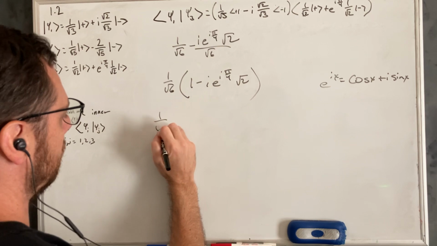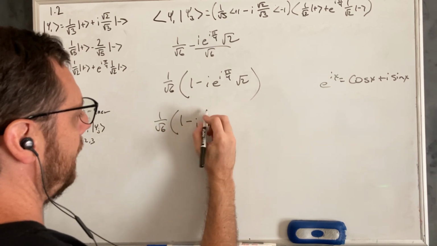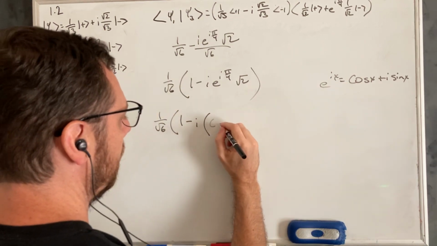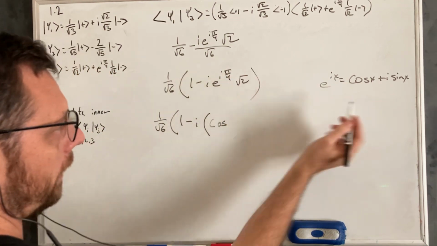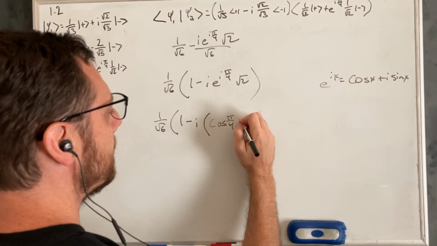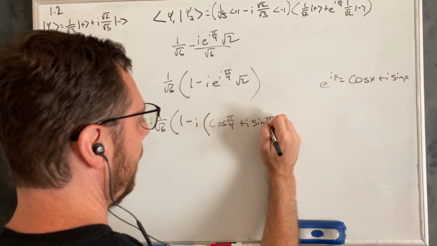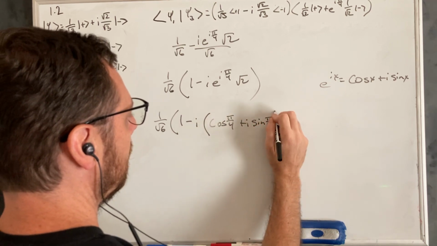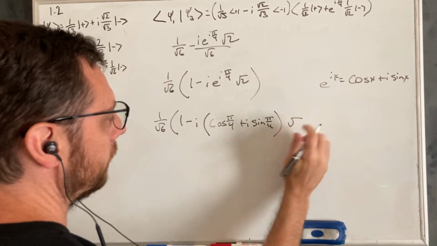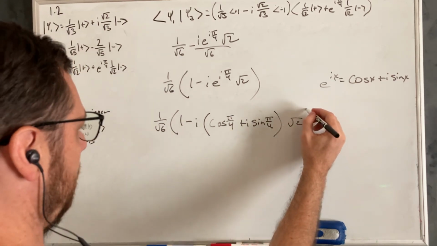So we have 1 over root 6, 1 minus i times, and then we'll fill this in. So it's going to be cosine pi over 4, so our x in this case is pi over 4, plus i sine pi over 4. And then we still have our root 2 here.